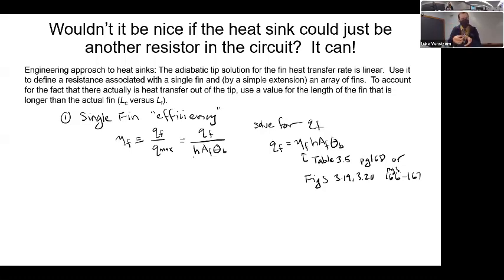In any individual fin within the heat sink, what temperature are all the fins? Same. They're all the same for sure. Okay, so the super high conductivity tends to spread temperature out and even it all out. So then the question is, what temperature is it?